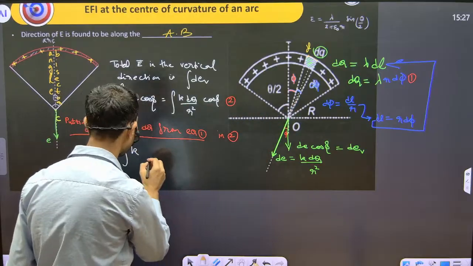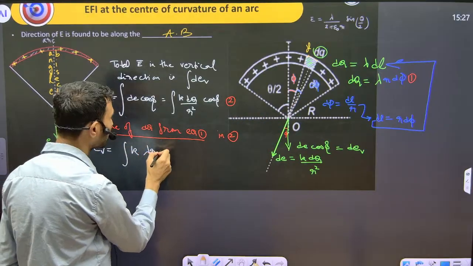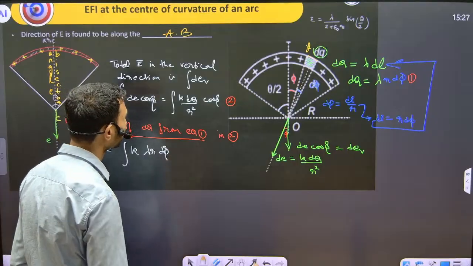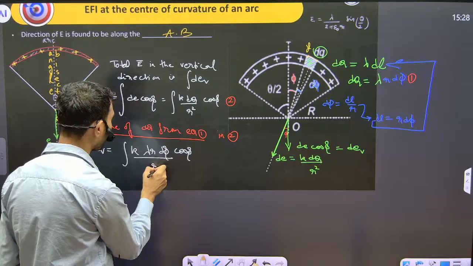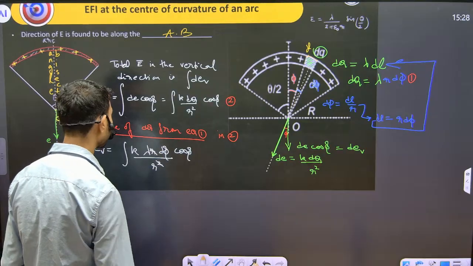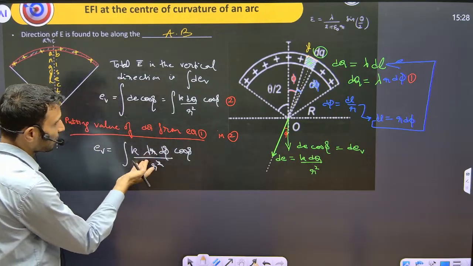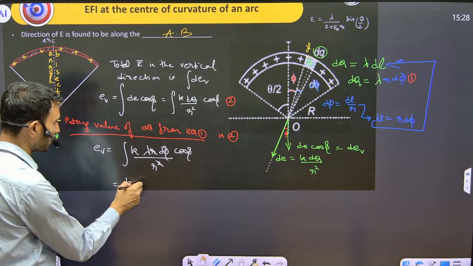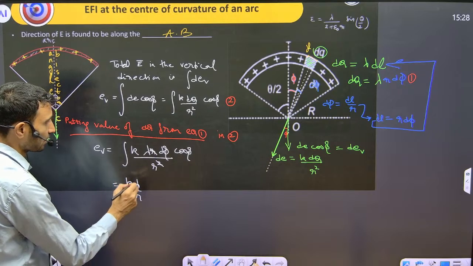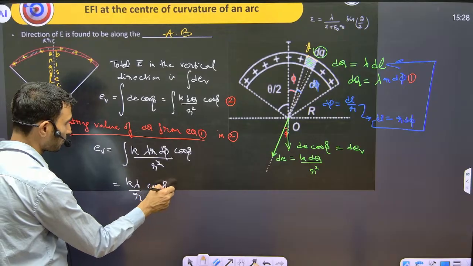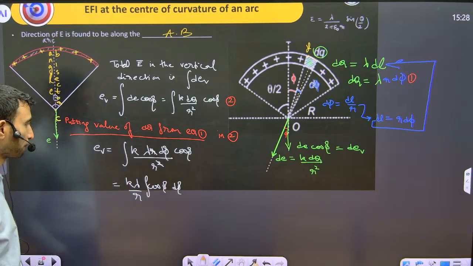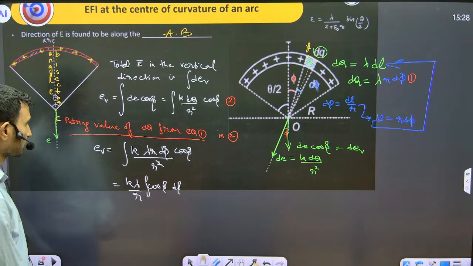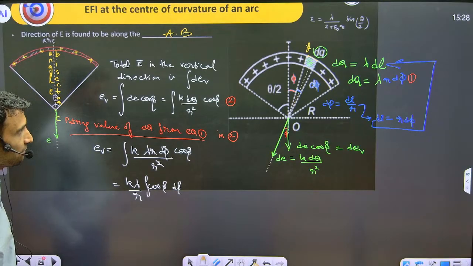It is lambda r d phi, right, into cos phi whole divided by r square, and r gets cancelled. And k, lambda and r are constants, they can move out. It will be like k lambda by r into cos phi d phi integration, right? And then phi varies from where to where.